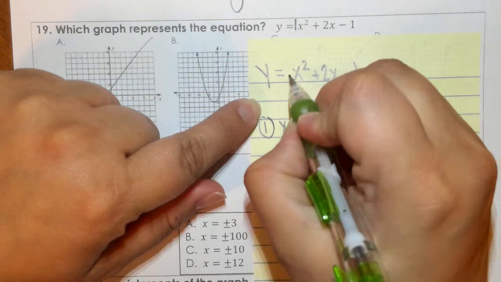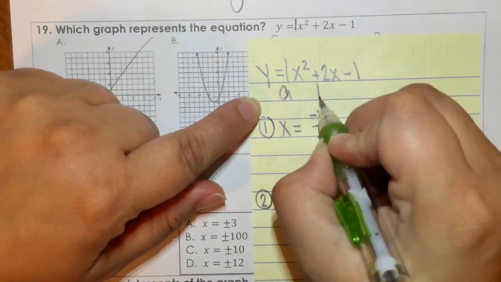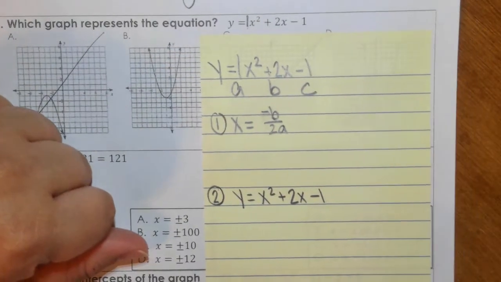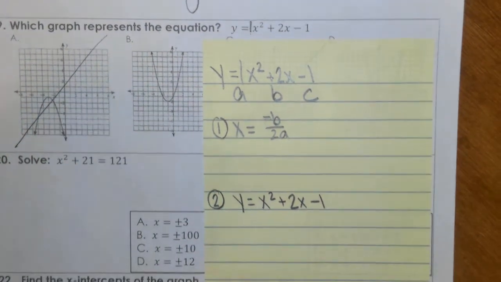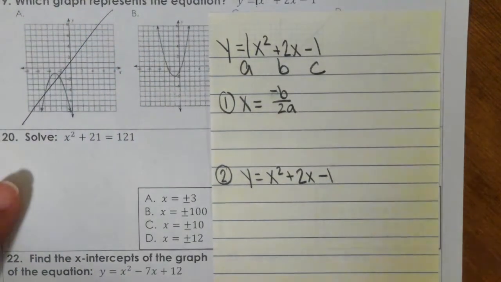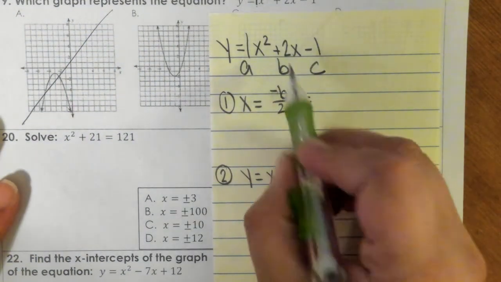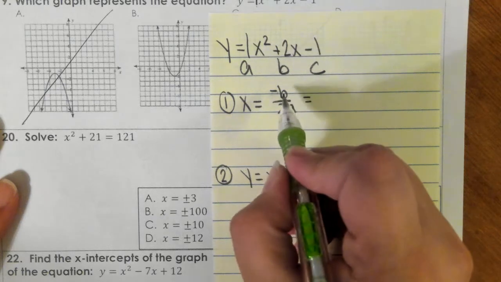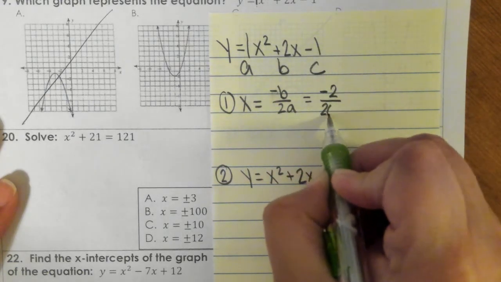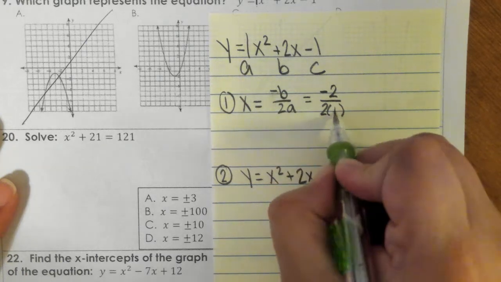So first, we have to label A, B, and C. There's a little bit of glare on that positive 2. Let me turn this light off, see if that helps a little bit. Okay, so now, if I plug the B, which is 2, into negative B, I've got negative 2 over 2 times A, which is 1.